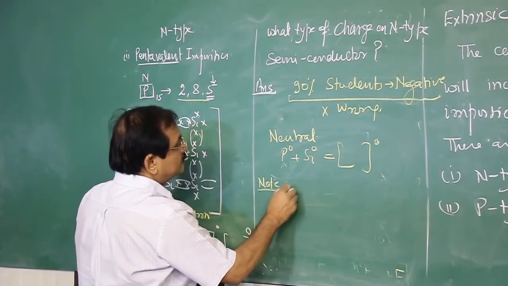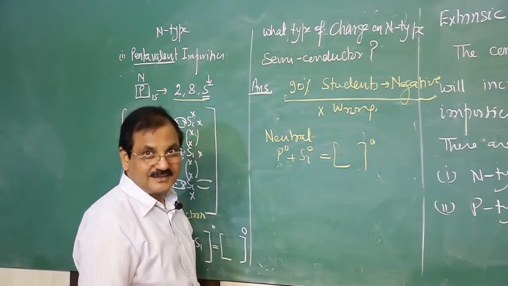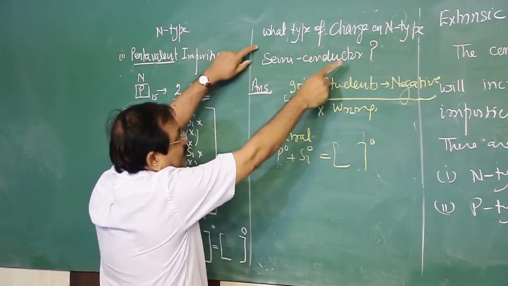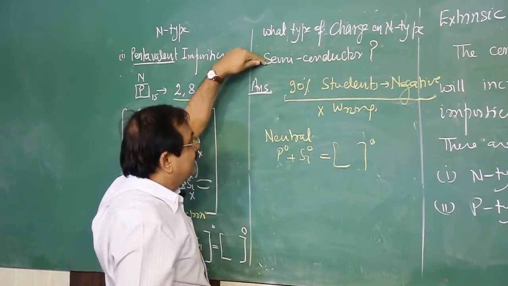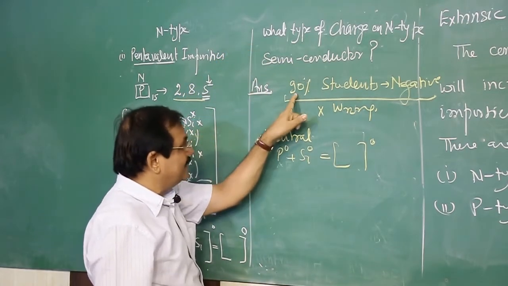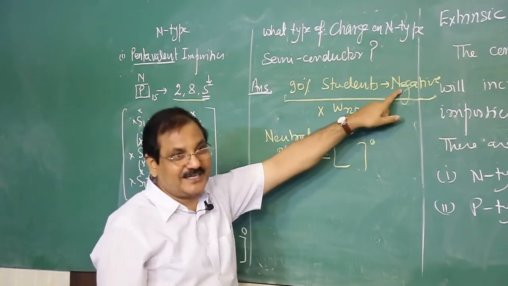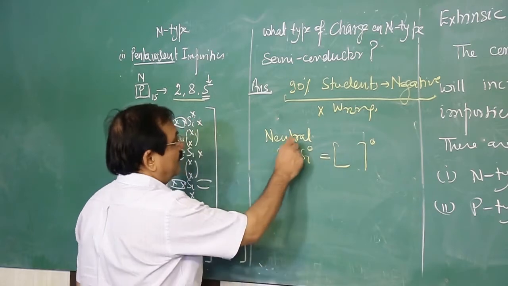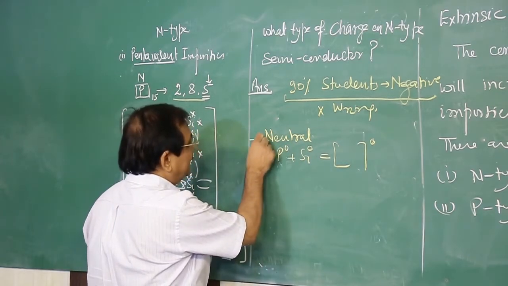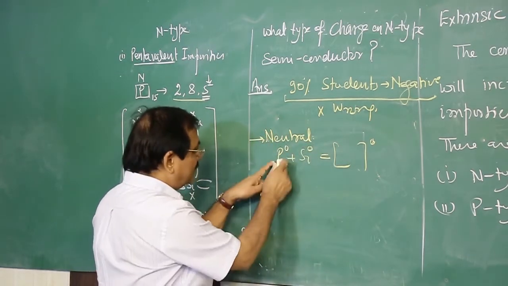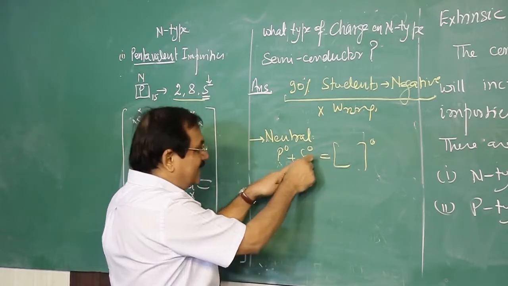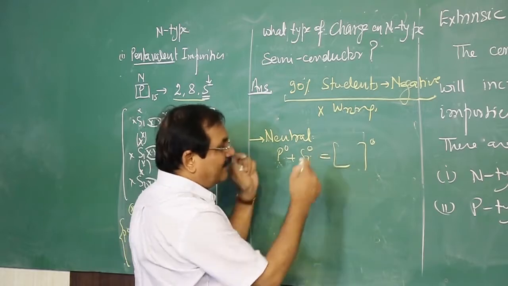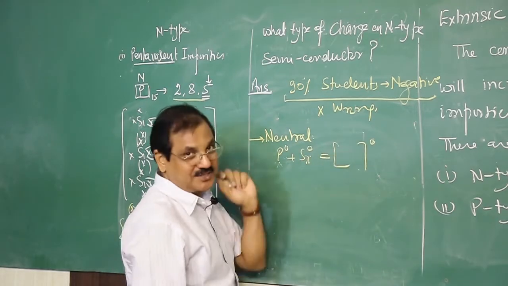The question is, what type of charge is on an N type semiconductor? 90% of students say negative, and this is wrong, because the correct answer is neutral. Because phosphorus is neutral and silicon is neutral, any combination of structure formed from both is neutral.